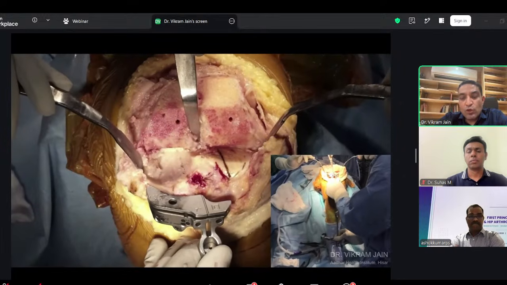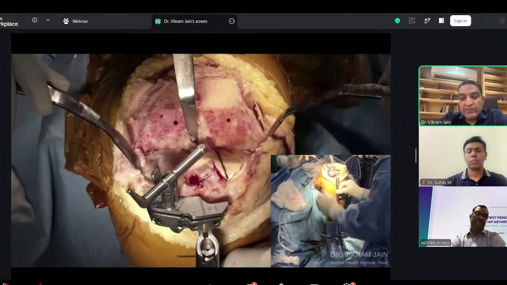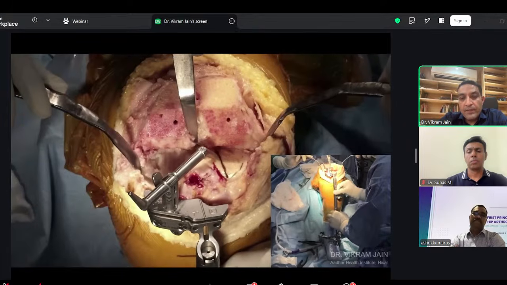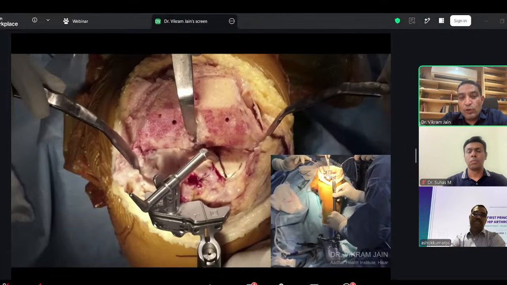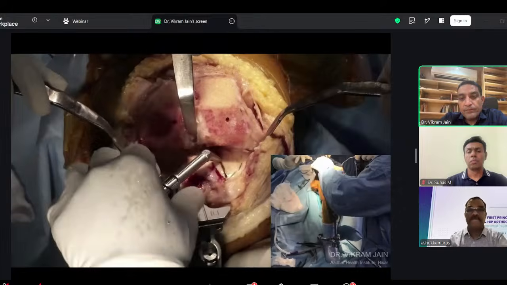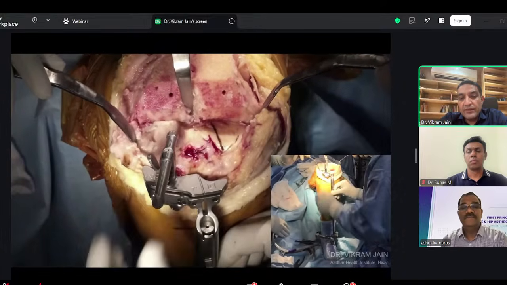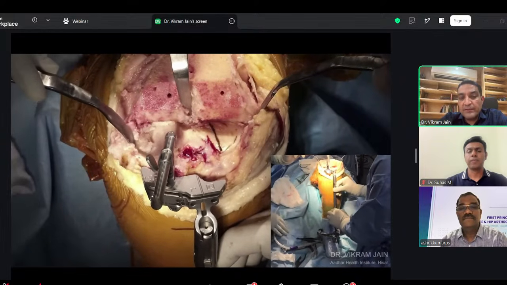Now, to match the coronal slope, I have shifted the ankle, as you can see in the picture, towards the lateral side. And the first point of reference is to mark from the lateral, which is the normal part of the tibia. Now we'll remove it and again measure on the medial side from the point equally distant from the tibial spine.